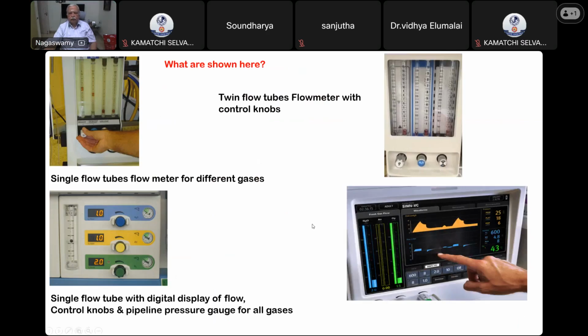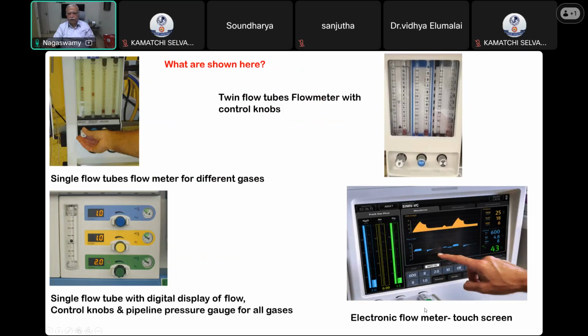Oh, what is this? Combined digital and manual flow meter. This is a touch screen. Somebody is trying to touch that and adjust the flow that is there. So this is the electronic flow meter with touch screen.